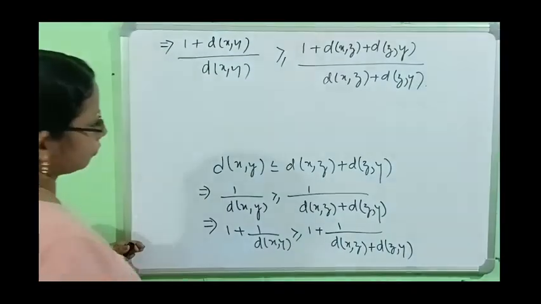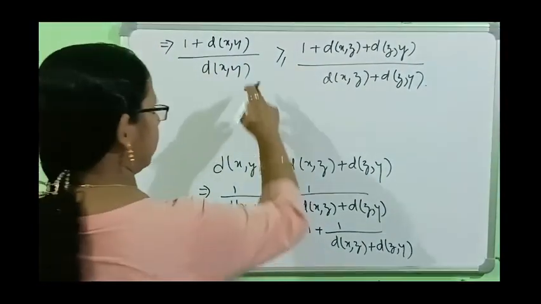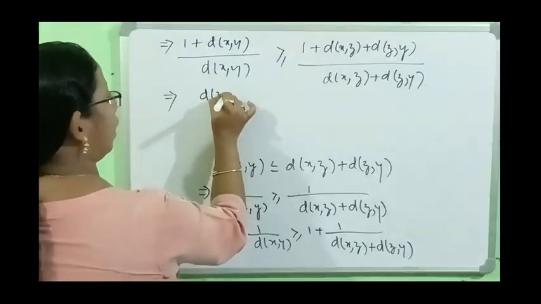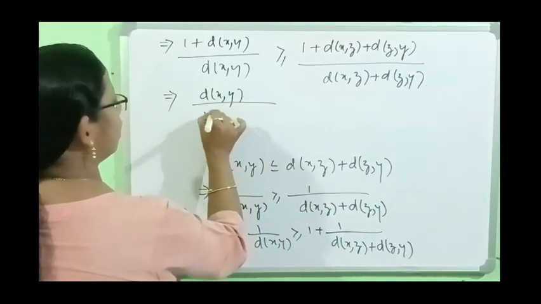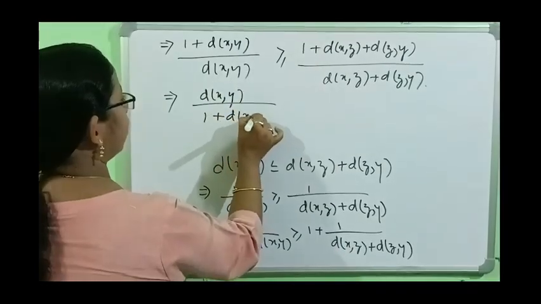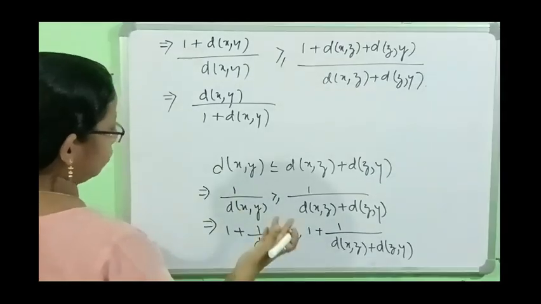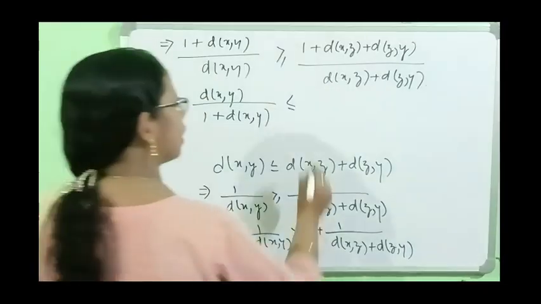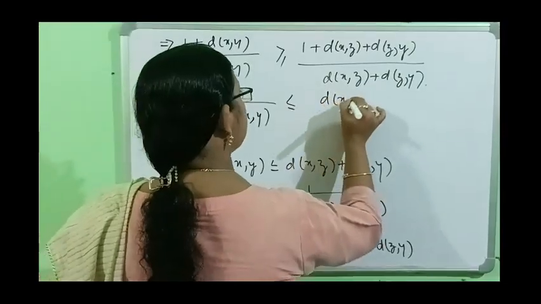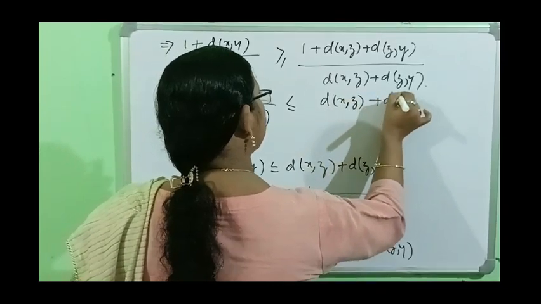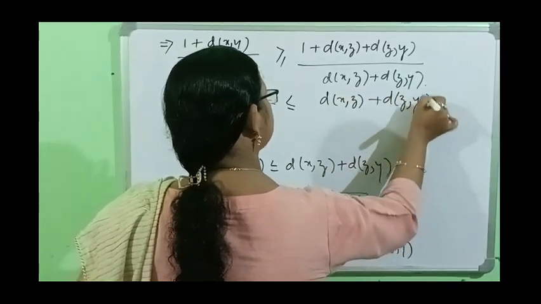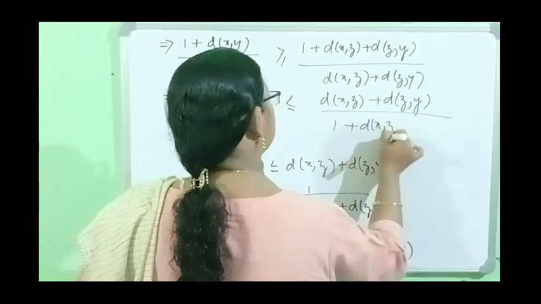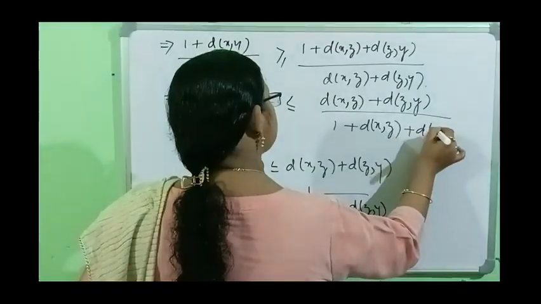If I take the reciprocal, then this is again d(x,y) by 1 plus d(x,y). When I take the reciprocal, the sign will be reversed. This will now be less than or equal to d(x,z) plus d(z,y) divided by 1 plus d(x,z) plus d(z,y).